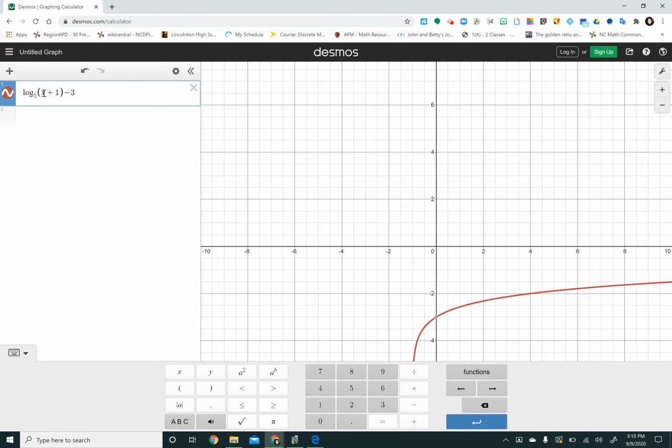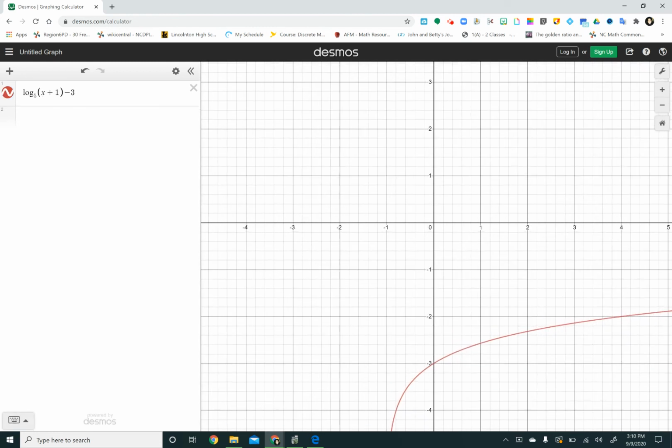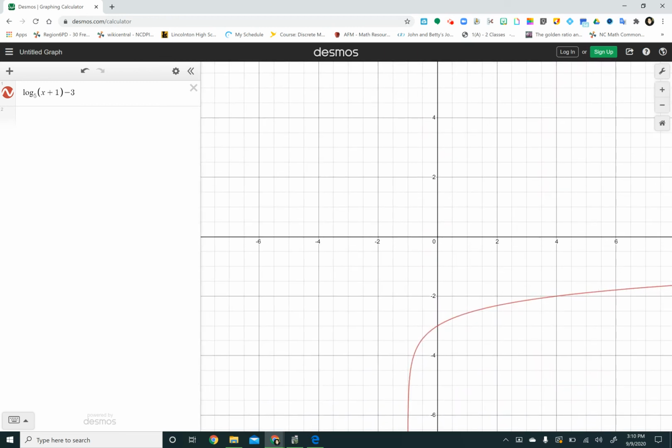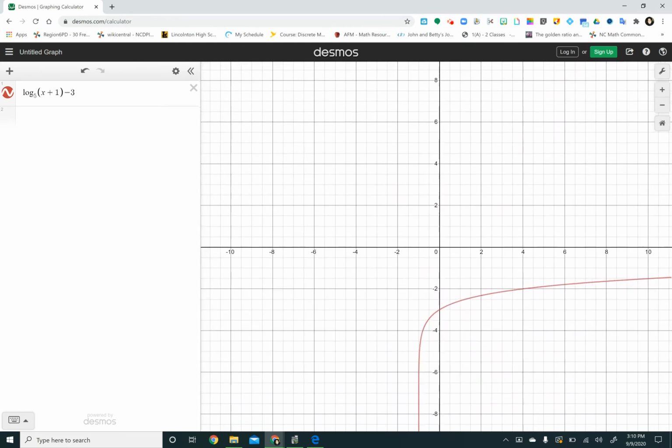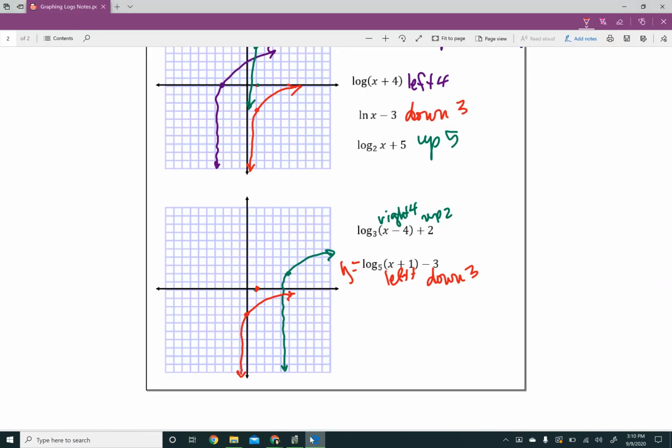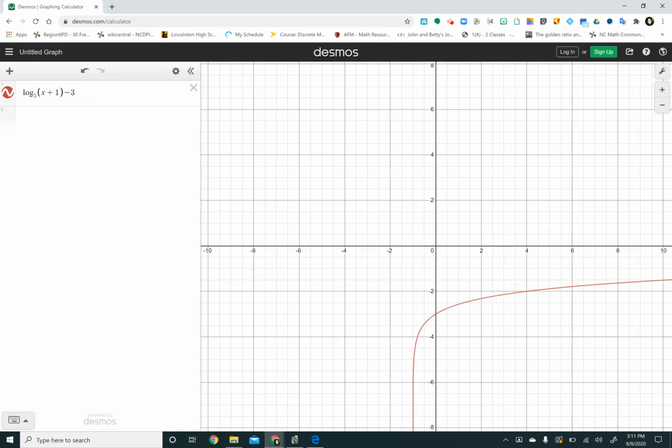And so you see that our point went to 1, 2, 3 here, right? And so Desmos put that point there, and then it swooped over.